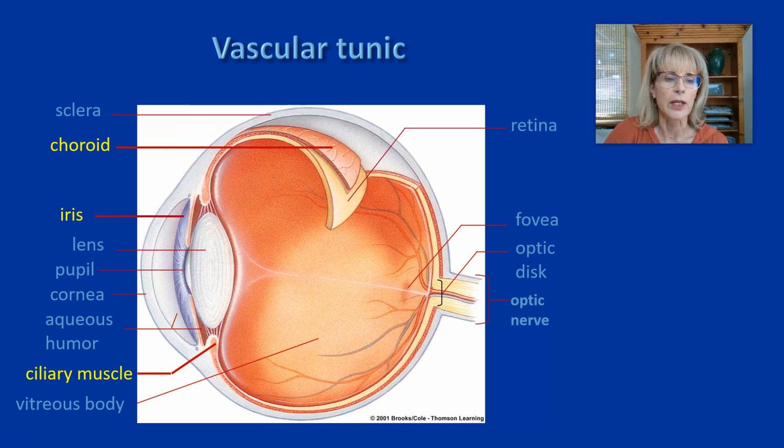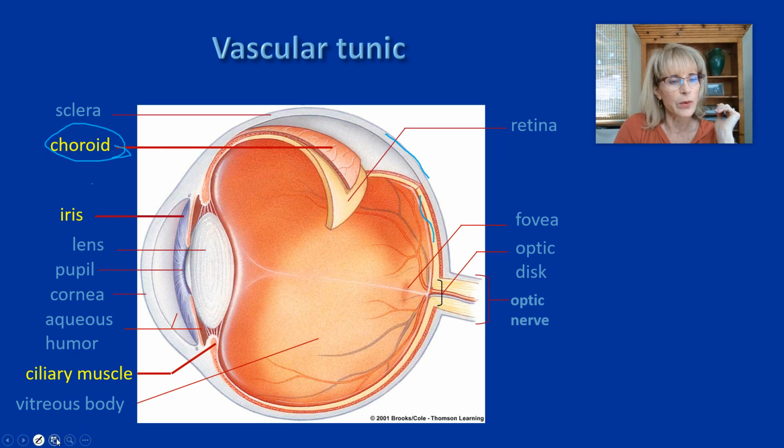The vascular tunic is the muscles and such of the eye, and it includes the choroid. The choroid is a layer between the sclera and the retina, right?